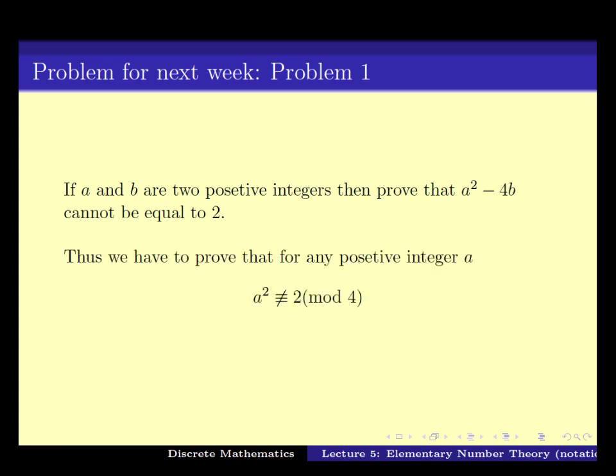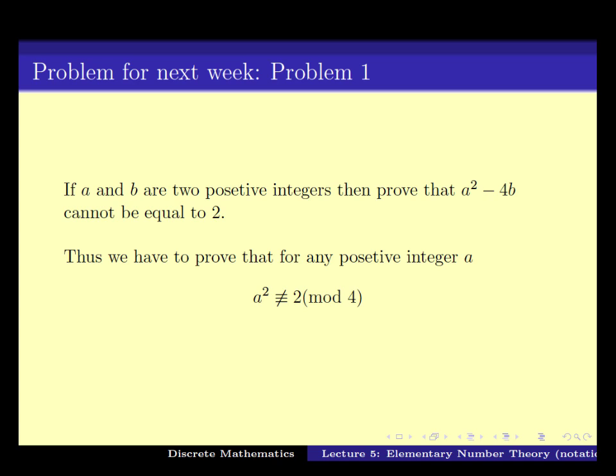So in other words, in the notation of modulo, we would like to say that the square of any integer a cannot be congruent to 2 mod 4. Again, this should be read as a squared minus 2 is not divisible by 4. We will be solving this problem in the next week.